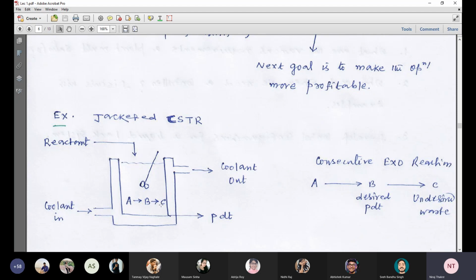Now we need to take out that exothermic heat to maintain the temperature at its desired level. How can we do that? By using a coolant stream. You see, which is shown here, it is flowing through this jacket. Fine, that's why we are using a coolant stream. Okay, now can you tell me why the coolant stream outlet is at the top and the inlet is at the bottom?